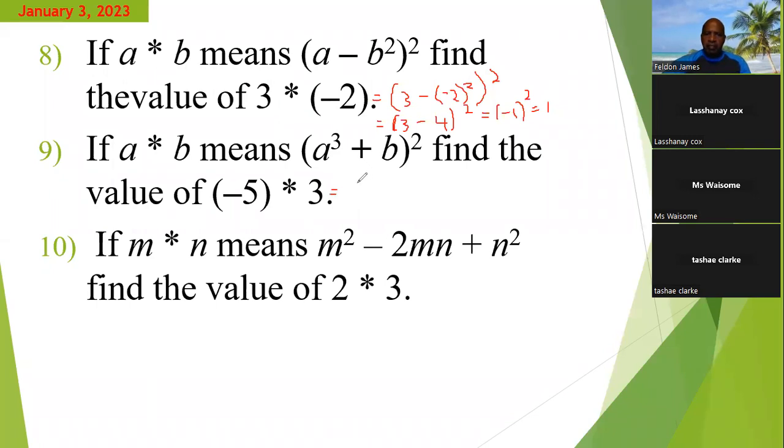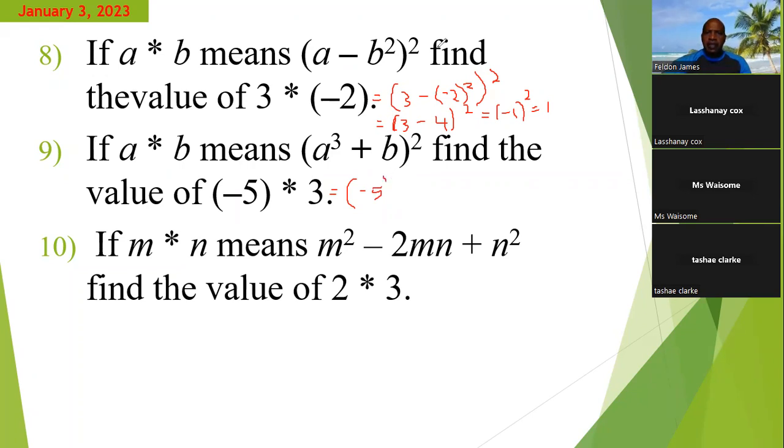So for question 9, sir, I have negative, first I put the bracket, negative 5 times negative 5 times negative 5 times negative 5 plus 3.